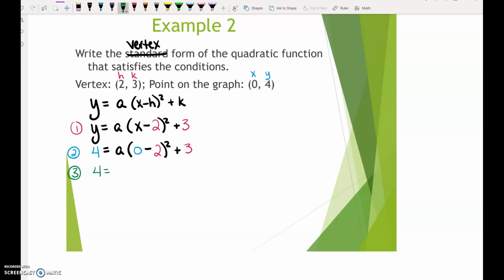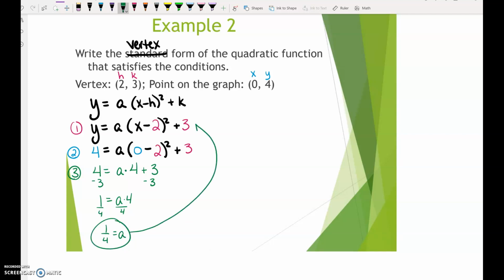So I've got 4 equals A times negative 2 squared. Negative 2 squared is 4. I'll subtract 3 on both sides and then divide by 4 to figure out that A is 1/4.